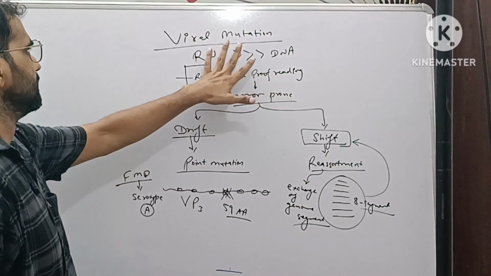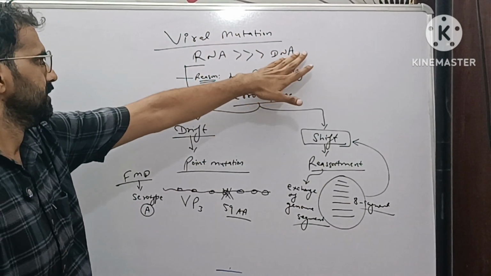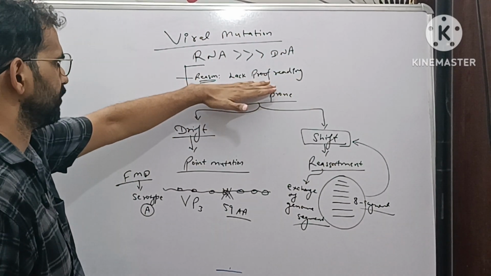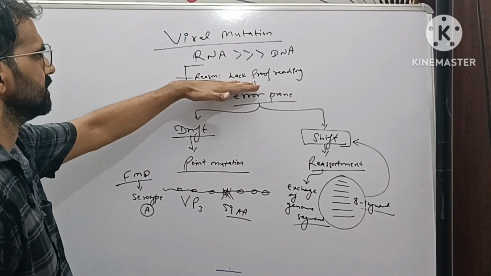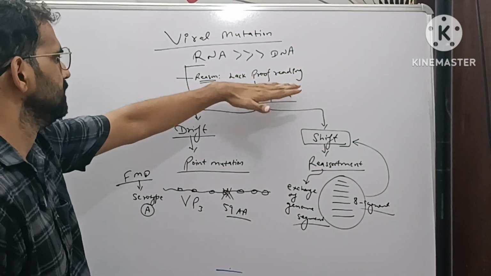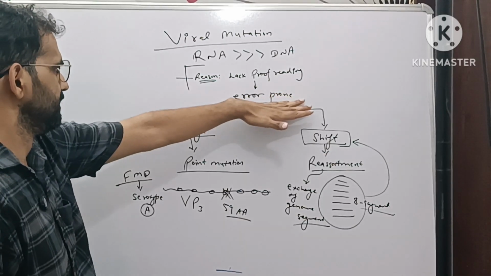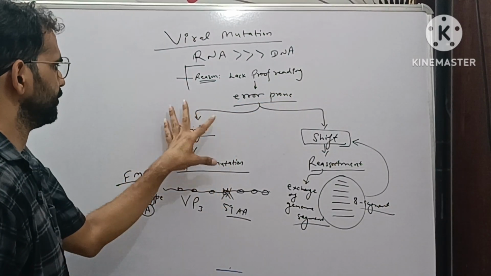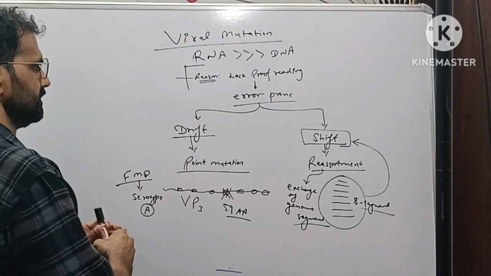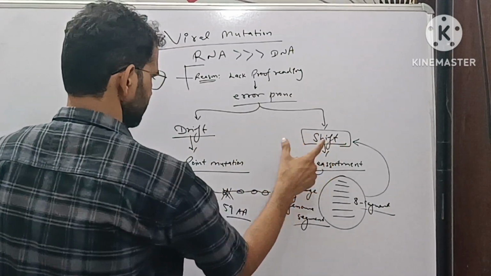So RNA viruses mutate at a faster rate than DNA viruses. They lack proofreading. There are multiple reasons, but this is one of the important ones. Because of this, they are error prone and undergo mutations. One example is drift, one is shift.